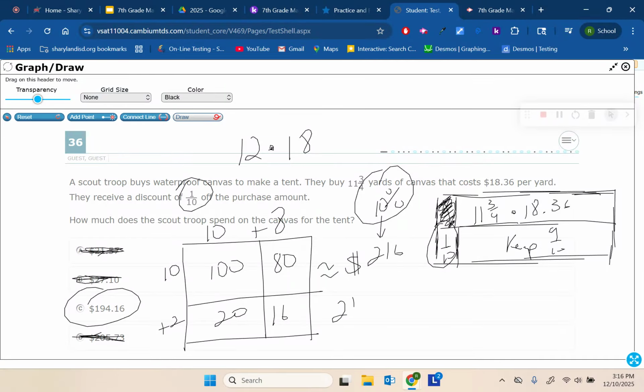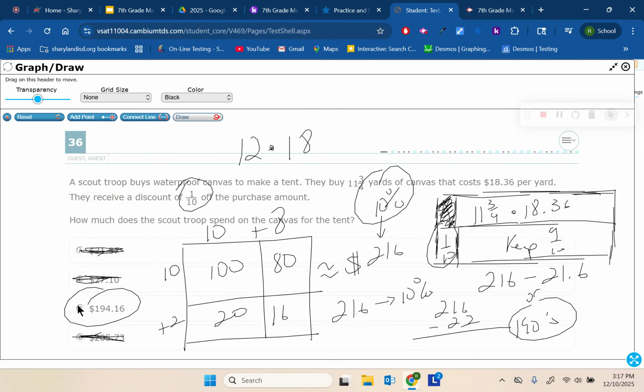Well, if I've got 216 and I want to see what 10% is, it's going to be 21.6. So I've got 216 minus $21.6, or roughly 216 minus $22. And if I look at that difference, I'm in the 190s. And there it is. And notice I'm not even doing the math on this one. That's pretty close, and I'm going to keep it there.